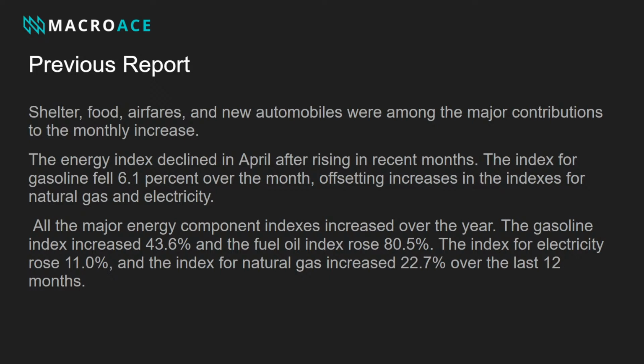The index for electricity, 11%, and natural gas increased by 22.7% over the last year. So month to month, we've got one reading of gasoline seeing a decline, but as I said, we need to look at more data to be able to say that inflation has peaked.